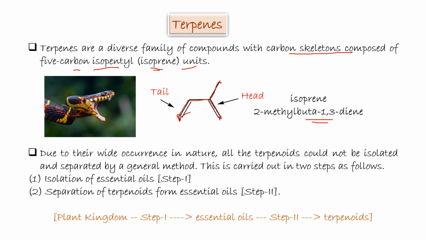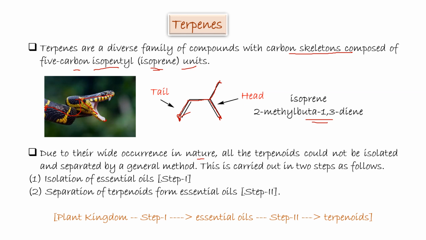Terpenoids can be described as modified terpenes, where methyl groups are moved or removed, or oxygen atoms added to the structure. Due to their wide occurrence in nature, all the terpenoids cannot be isolated or separated by a general method.